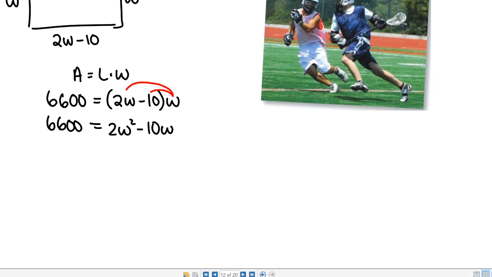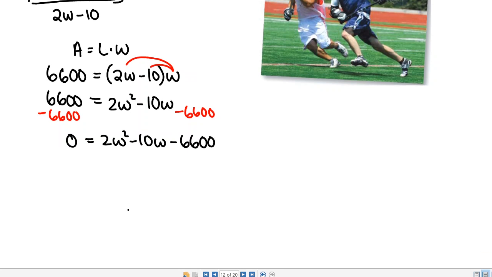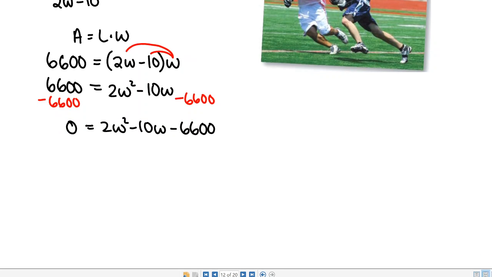And then since the 2W squared is already positive, I'm going to move everything over to the right-hand side, and that way it will stay positive. So we have 0 is 2W squared minus 10W minus 6,600.